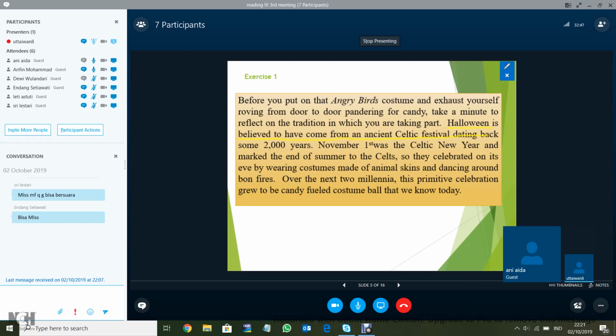Jadi, ada yang mau, does anyone want to help? So, in a short sentence, how do you describe the main idea of this text?